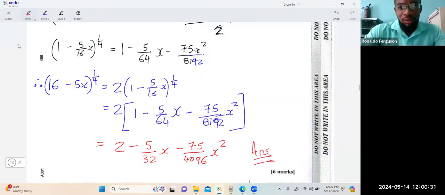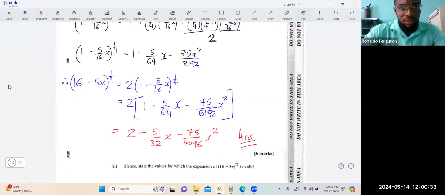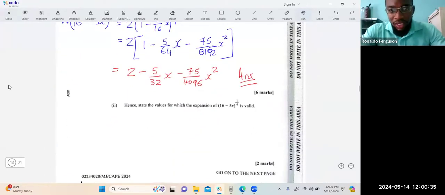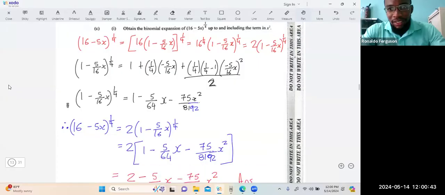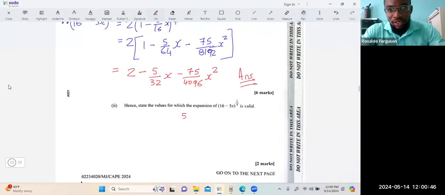Hence, meaning you're going to use this to do something. You know that's coming. Hence, oh, state the values of x for which your expansion is valid. Always remember the expansion is valid when whatever is there, x is between 1 and -1. So it's valid when 5 over 16 x is between 1 and -1.